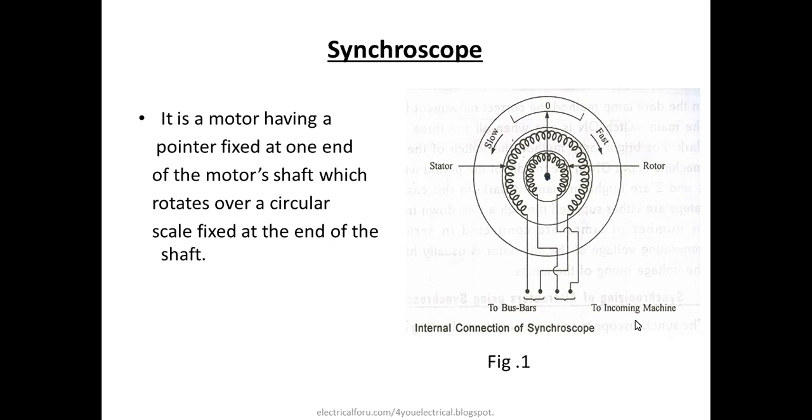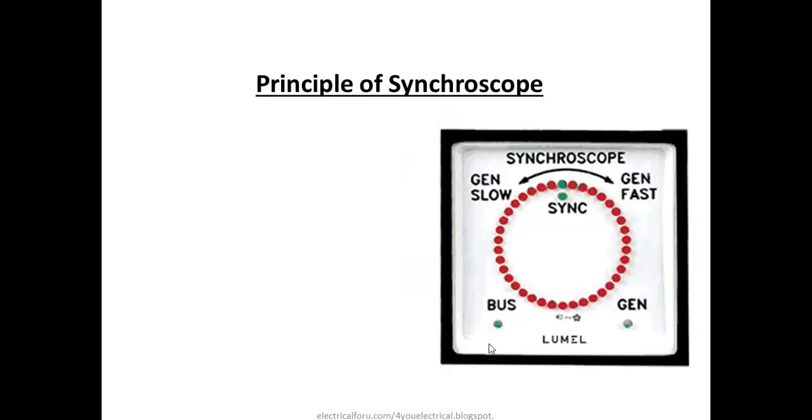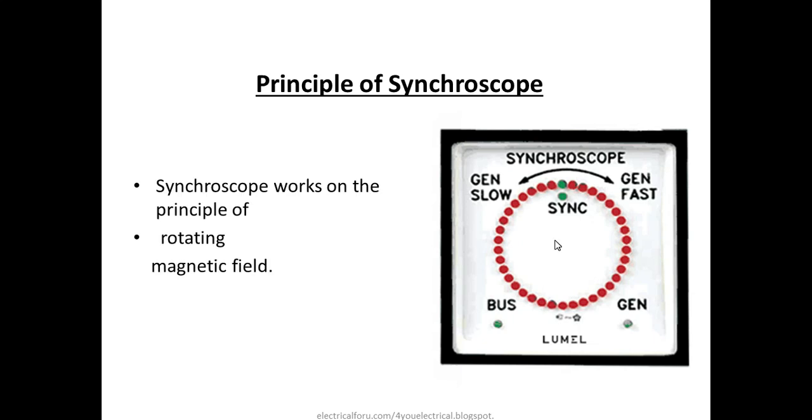Here the bus bar connections and generator connections will be connected. Based on the frequency of the power supply, it will show whether the generator is slow or fast, and at which point the synchronization has to close the switch will be at this point. The Synchroscope works on the principle of the rotating magnetic field, that is the RMF production.